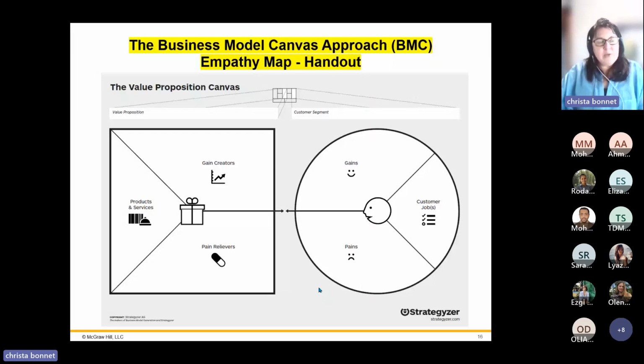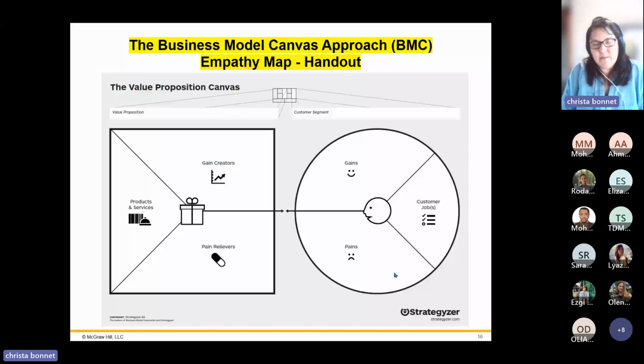But how we changed it is, the next time we didn't go in with a presentation, because we learned now how we need to work through the empathy map. So we go in to listen, and we said, okay, Dieter, that was the CEO, tell us, what are the pains that you and your staff and your company have at this stage?